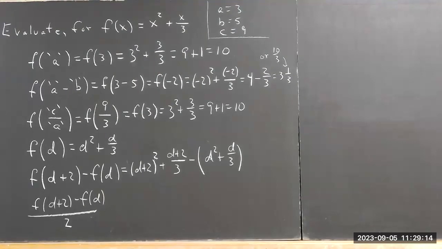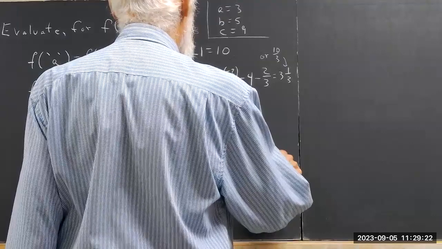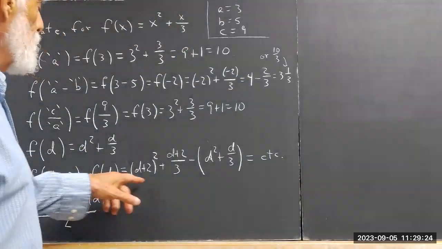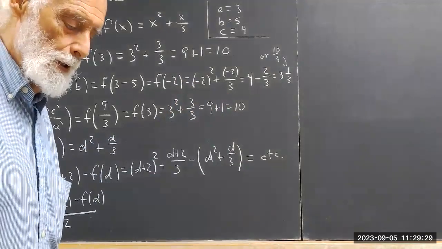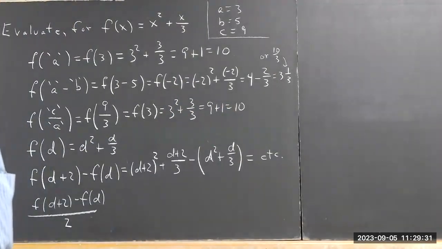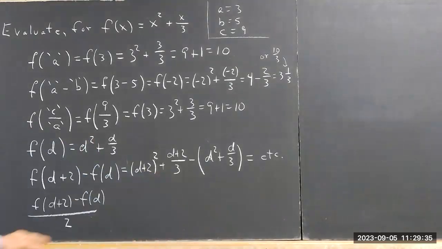Now there's more we can do with this expression, but I'm just going to say equals, etc. We want to square the d plus 2, expand that square and separate out some terms, and it gets a little complicated, and that's not what we're about right now. We're just about interpreting these expressions, okay?